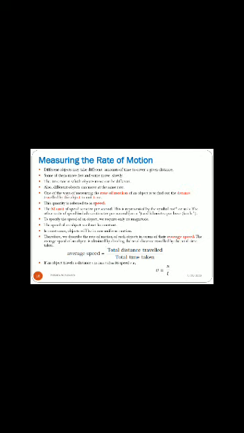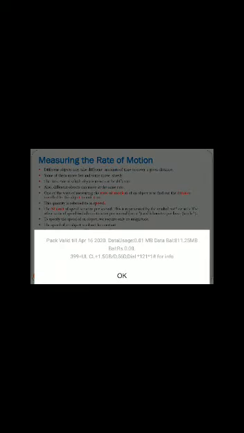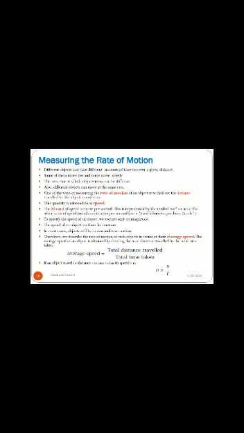Other units of speed include centimeter per second, or in a larger manner we can describe the speed in kilometer per hour. To specify the speed of an object, we require only its magnitude, not its direction. We will later see velocity, which requires direction.